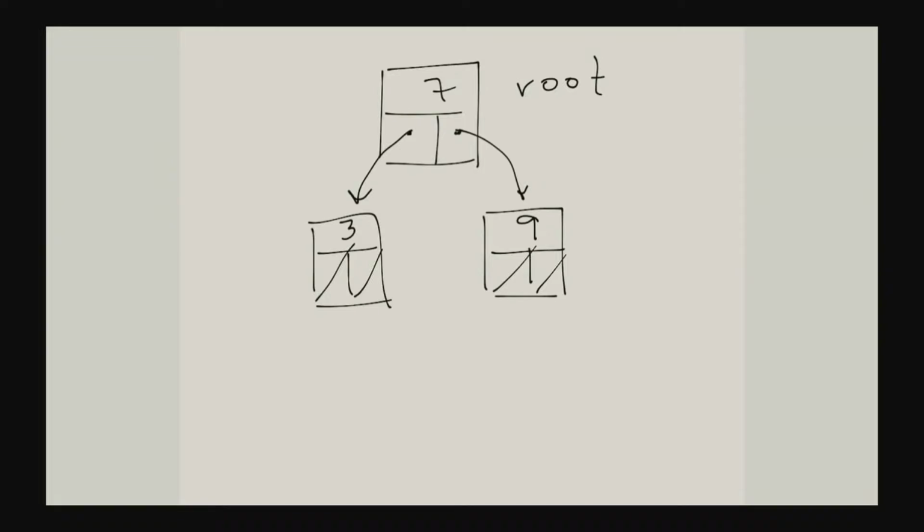All right, so now we're going to add yet another node to this diagram. We're going to add a node containing 6, and we're going to add this as the right child of the node containing 3. So to do that, I'm going to erase that null pointer in the 3 node and wire it up to point to the node containing 6.